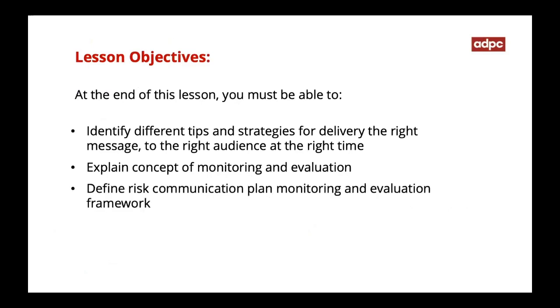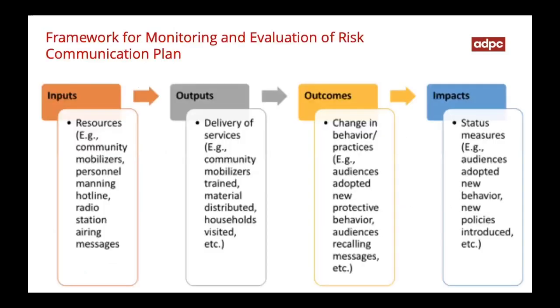Define risk communication plan, monitoring, and evaluation framework. This is short, but very important. I think, if I'm not mistaken, just one slide here. So I just want to show this to you. You have four components of monitoring and evaluation: inputs, outputs, outcomes, and impacts. So look at your disaster risk communication.